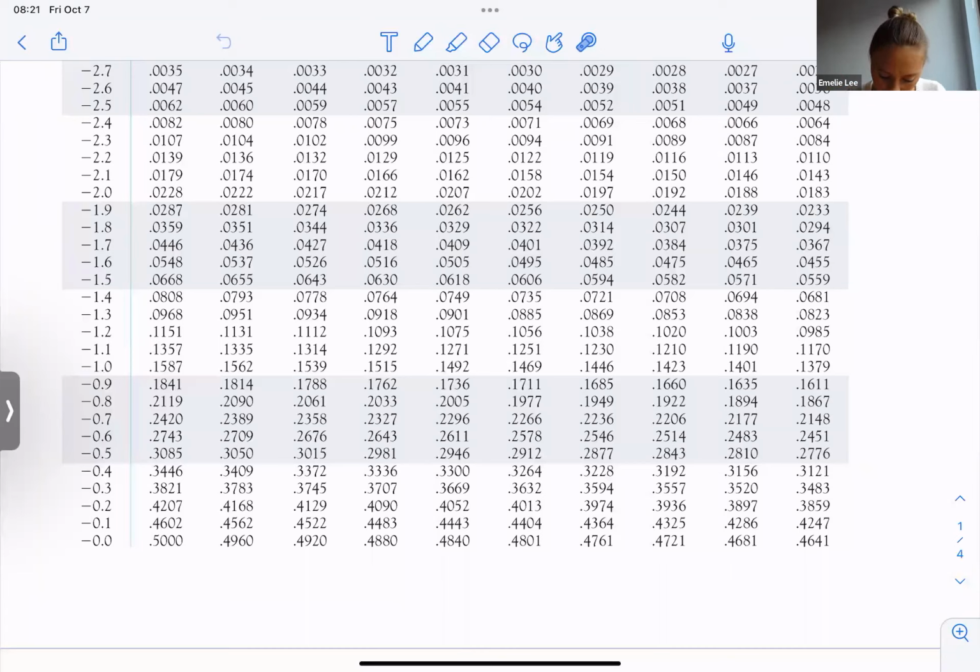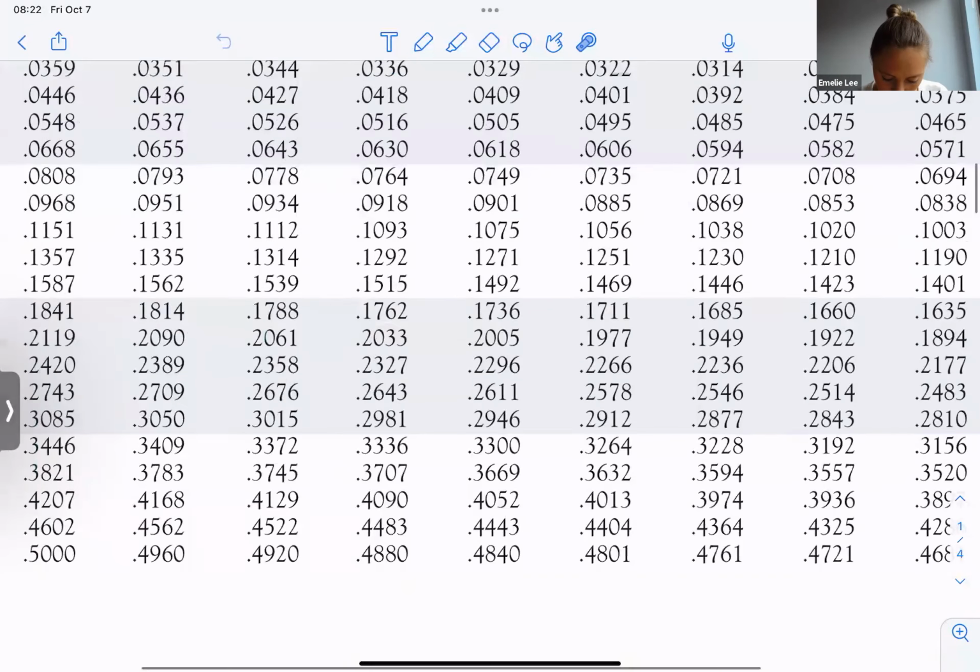As we're moving closer and closer to 0, the area to the left gets larger. So here is a good jumping off point. I see 0.409, 0.4052, 0.4013, and then it jumps down. So I'm choosing between these two, it looks like.